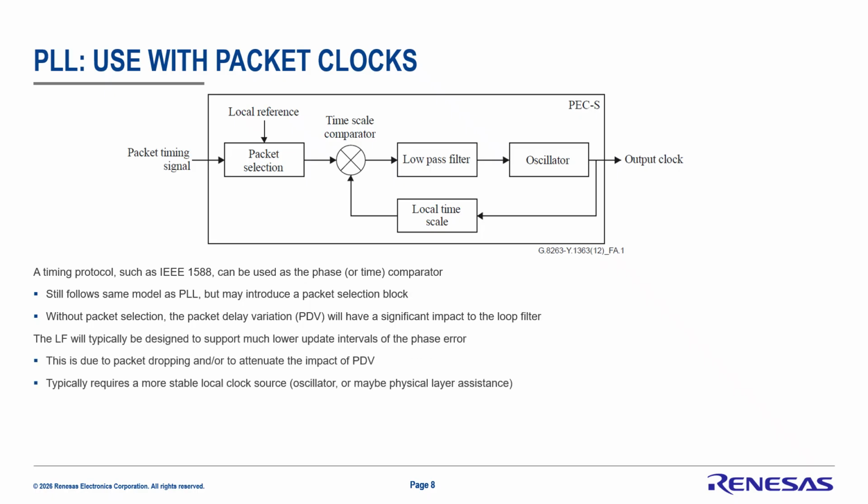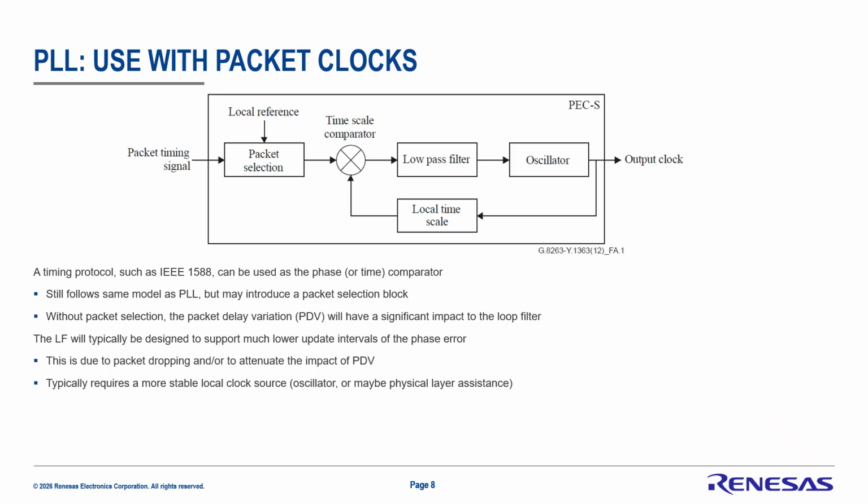The loop filter would typically be designed to support a much lower update interval of the phase detector. Before, we were talking about a 125 megahertz clock going into the loop filter. So that's 125 million updates per second of the phase relationship of the input reference to the output. But with timing protocols, a lot of times they're running at much slower intervals, such as 1 packet per second or even 16 packets per second.